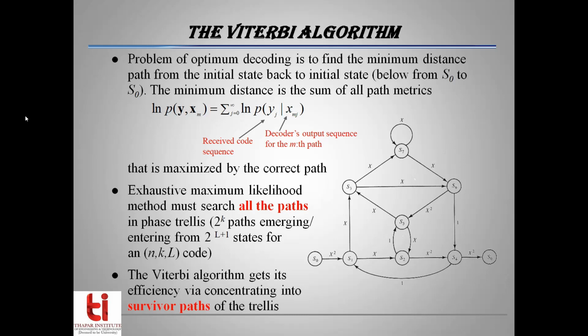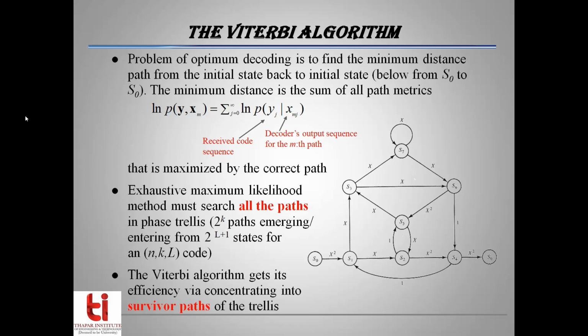We have the relation log p(y|x_m) equal to the summation of log p(y_j|x_mj), where p(y_j|x_mj) is a conditional probability which gives the likelihood: given that the decoder's output sequence for the mth path is x_mj, what is the received code sequence. We want to ascertain the likelihood of it, so that it is maximized by the correct path.